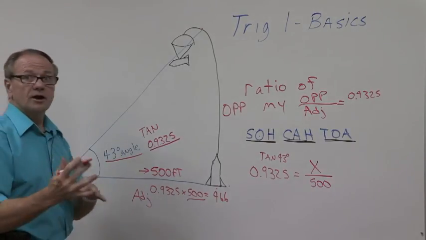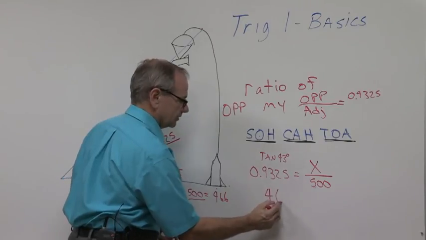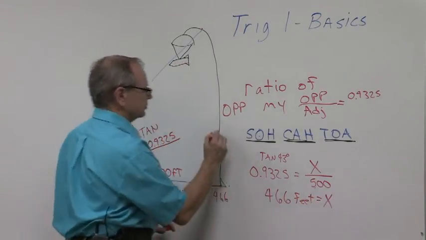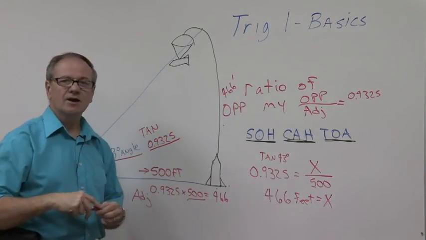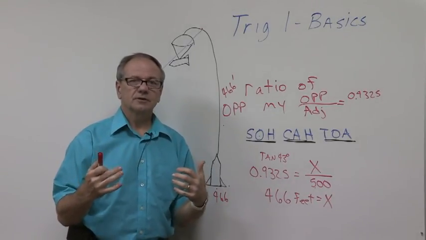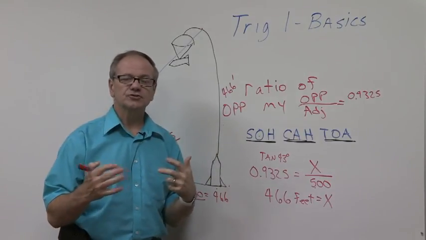Okay? So now all I have to do is multiply the 500 times the 0.9325, and I get 466 feet is equal to x. So this distance is 466 feet. That is how high my rocket went. So this is the kind of thing that you can use trig for very easily and solve some problems.